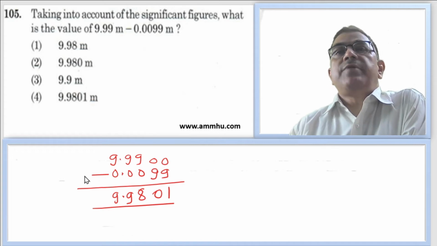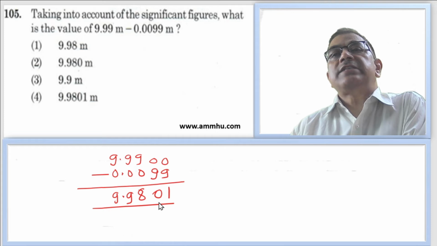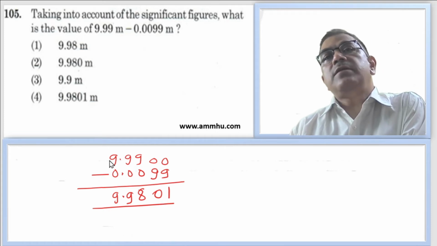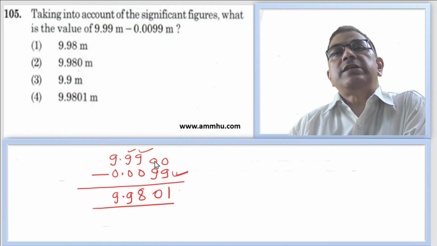Now because we are subtracting two numbers, the result can have only as many significant figures as the measurement which is least accurate. You see this number is accurate up to 2 decimal places, and this is accurate up to 4 decimal places. So the answer cannot be accurate more than up to 2 decimal places.